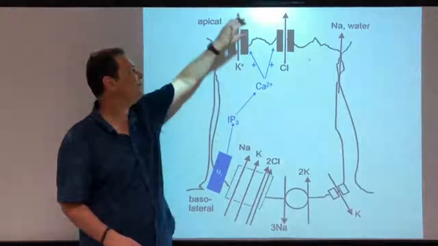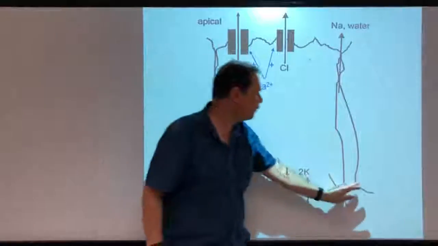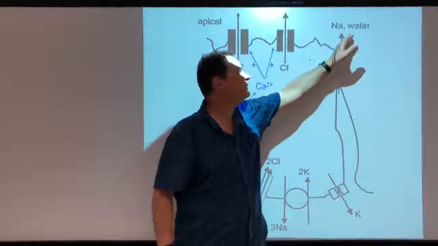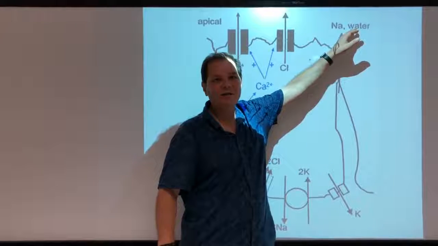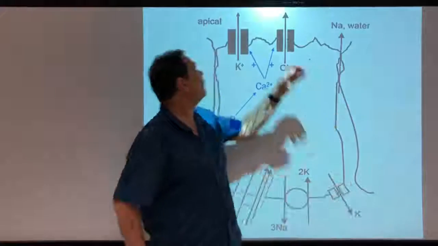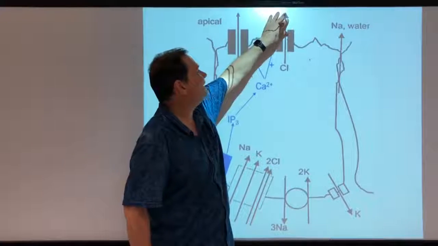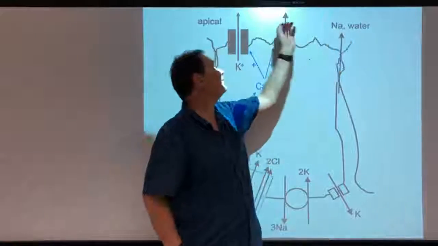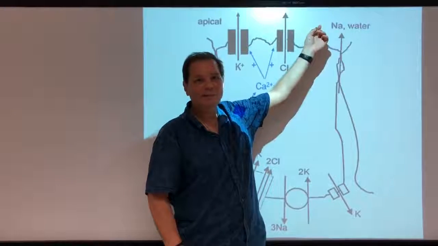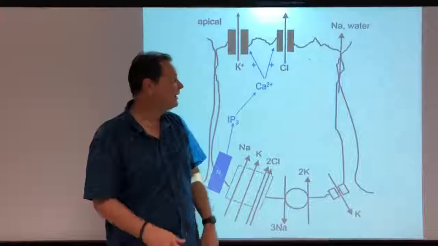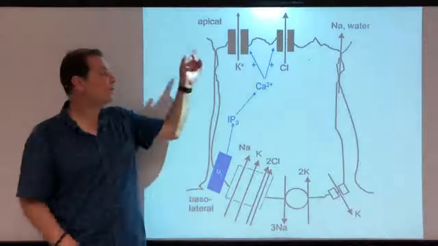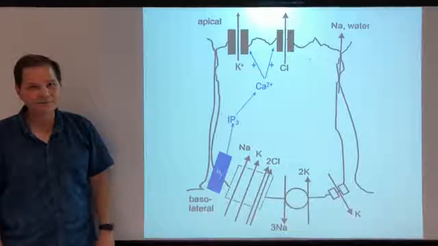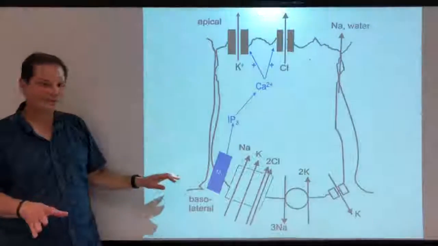If the osmolarity goes up in the lumen, that means more water is going to follow and go into the lumen. So more potassium and chloride in the lumen, water follows because this is increasing the osmolarity. And you get an increase in secretion. More water, more secretions. All right? So that's generally how both of these glands work.